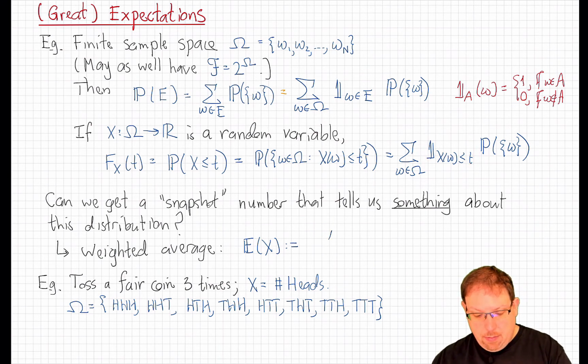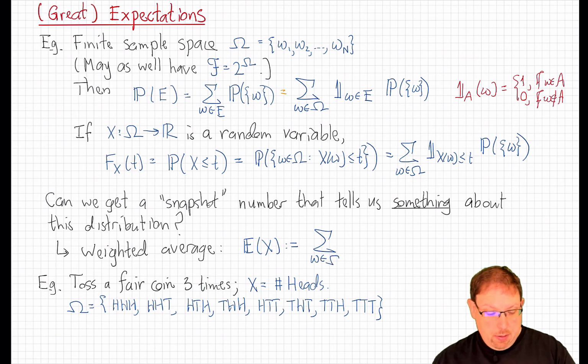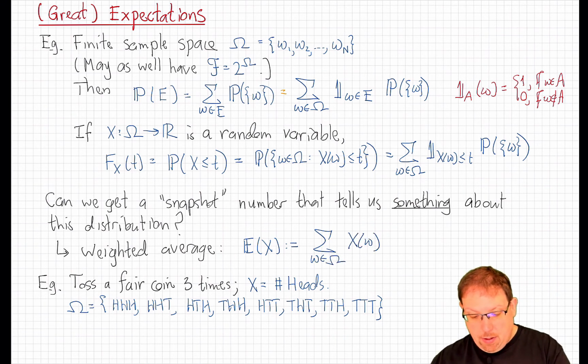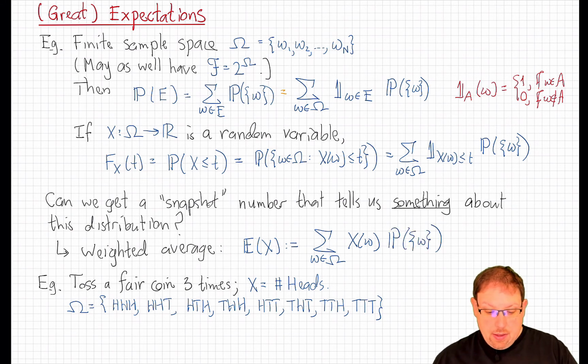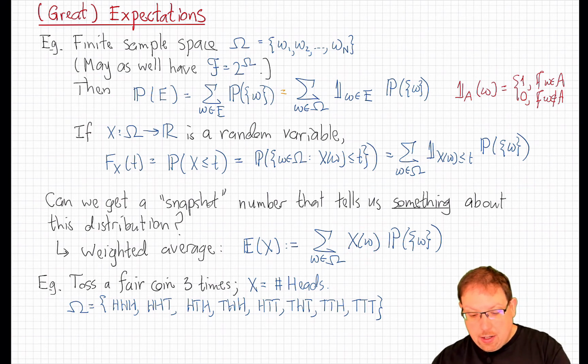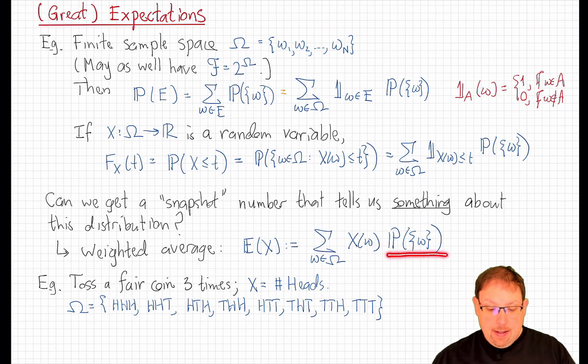Simply the sum over all points in the sample space of x of omega times the probability of omega occurring. This is the weighted average of all possible values of the random variable, weighted according to the probability that that outcome occurs. And we'll make that characterization of this precise on the next slide.